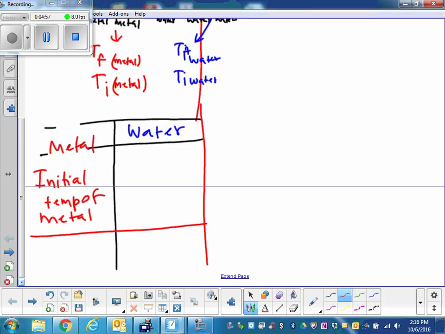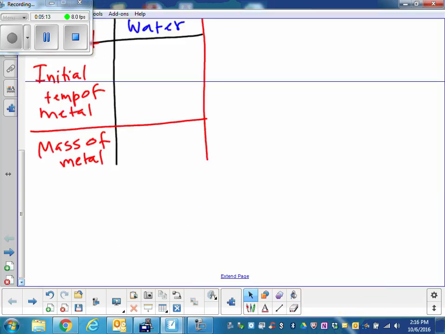Yes? I need your contribution. Yes? Mass. Mass of what? Mass of metal. Okay. I need mass of metal. What else do I need? What else do I need to measure in the lab? Initial temperature of the water.